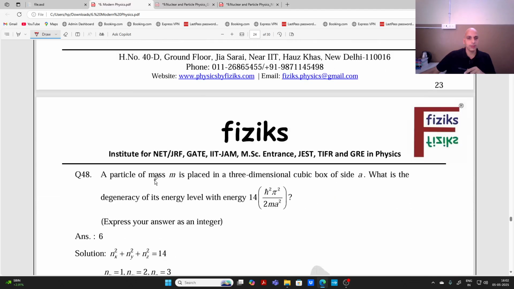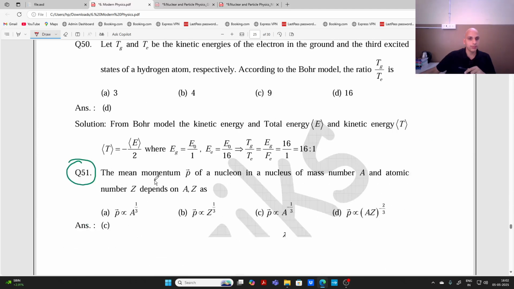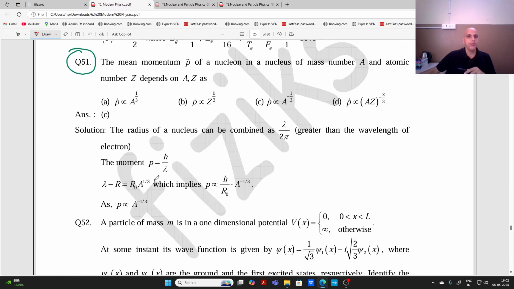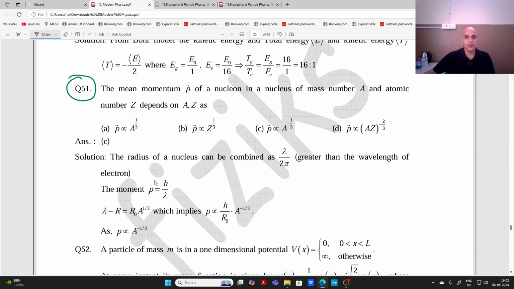Now the next question, if I have left any question. The mean momentum P of the nucleon in the nucleus of mass number A and atomic number Z depends upon. Now they are talking about momentum, so we have to take into consideration the relation R equals R naught A power 1 by 3, where R is the radius of the nucleus.